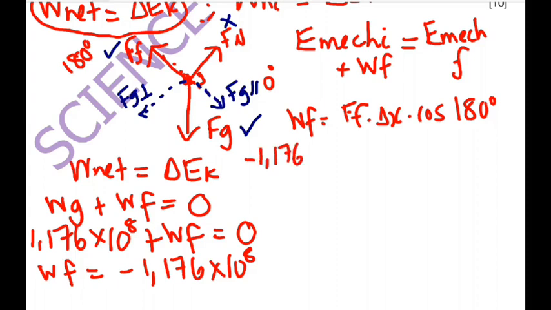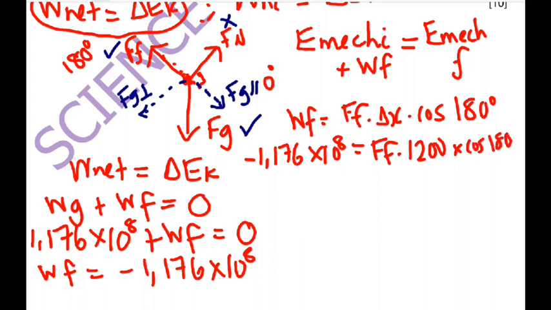So the work done, negative 1,176 times 10 to the power of 8, is equal to the frictional force times 1,200 times the cos of 180. We get a frictional force of 9,8 times 10 to the power of 4 newtons.